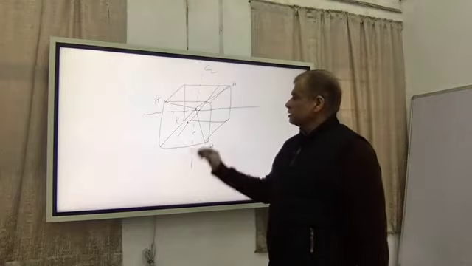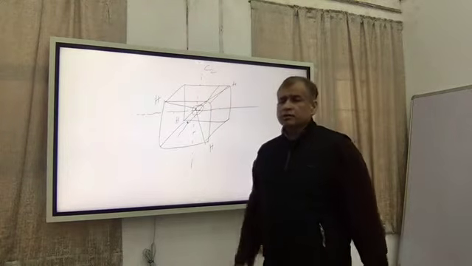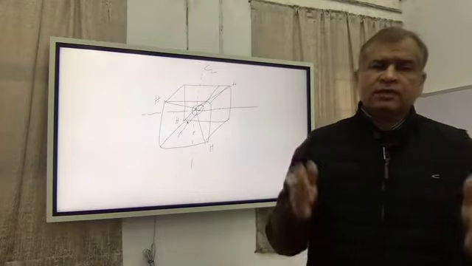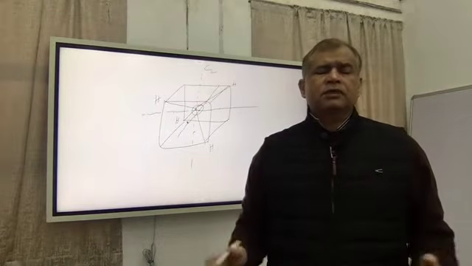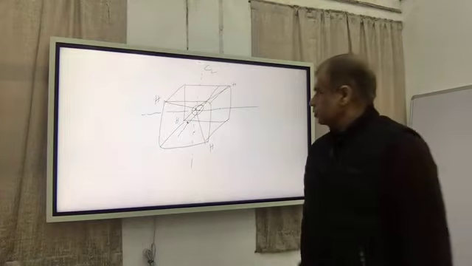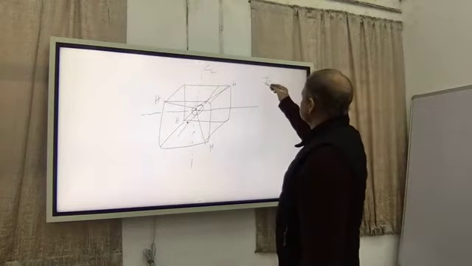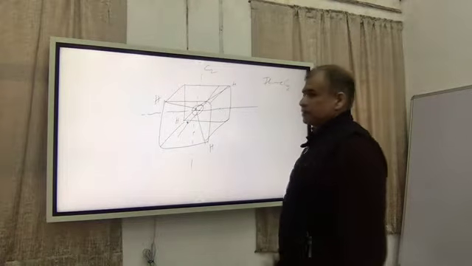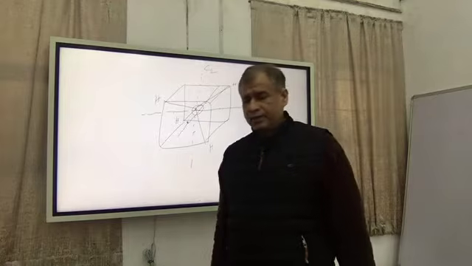In other words, if you consider this carbon as origin and you draw XYZ axes, then all these XYZ axes will be the C2 axes for the tetrahedron as well. So there are three C2 axes present in the tetrahedron.